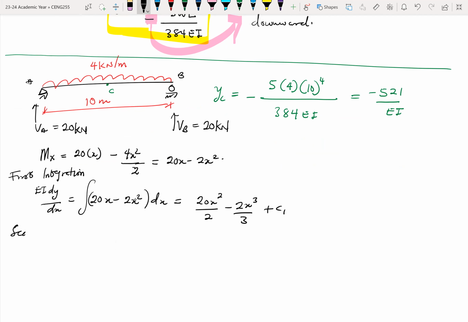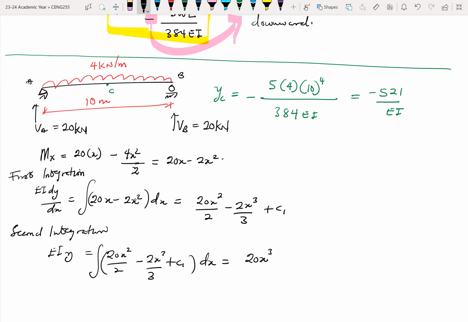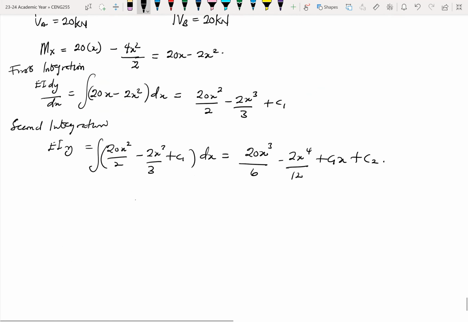And for the second integration, EIy will be equal to the integral of 20x squared over 2 minus 2x cubed over 3 plus C1, all of this dx. So this will give us 20x cubed over 6 minus 2x^4 over 12 plus C1x plus C2. Okay.